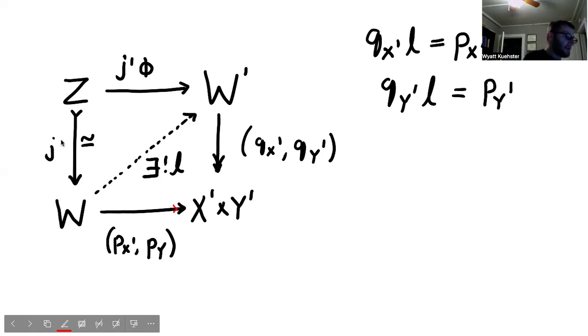And so since I have a trivial cofibration J and a fibration on the right-hand side, I get to lift this to a map from W to W prime. And the bottom square commutes, so that tells me Qx prime L is Px prime, and Qy prime L is Py prime.